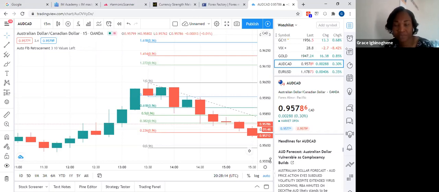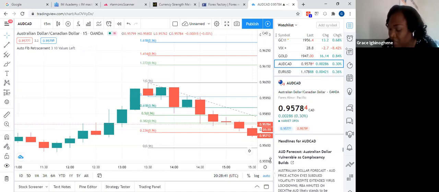1:1 meaning that if you are risking 10 pips, then you must be gaining 10 pips. That's the minimum we can do. But you can do more than that. You can do ratio 1:2, ratio 1:3. You can risk 10 pips to make 20 pips, or risk 10 pips to make 30 pips.